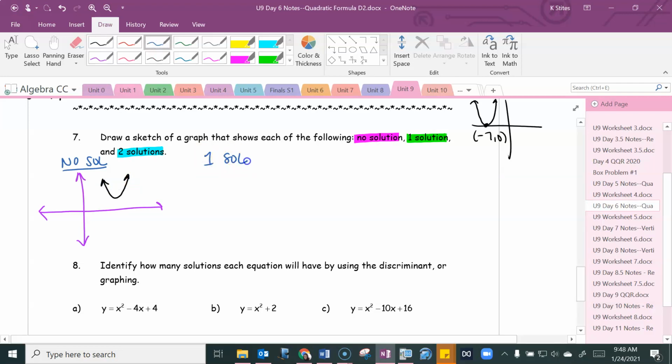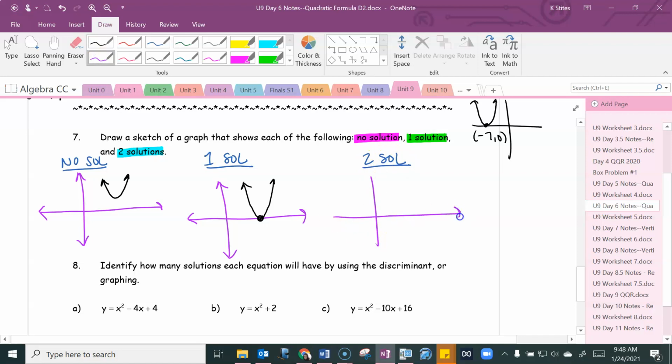One solution would be the situation that we just saw. Our parabola hits the x-axis, but it just hits one time, and then it goes right back up. Okay, and then we have two solutions. Two solutions is what we have seen most of the time. It's where our parabola hits the x-axis two separate times, and we have two answers.